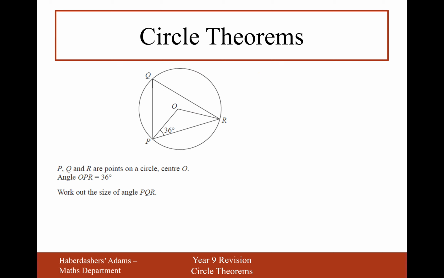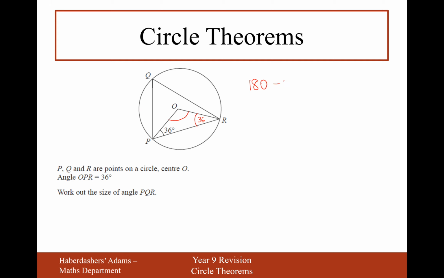Let's move on to the next one. Calculate the size of angle PQR, P to Q to R. Okay, well in this question I can see I've got myself an isosceles triangle, POR. So this angle here must be the same as this angle over here, because they've got equal angles at the bottom. Then I know that my angles inside a triangle will have to add up to 180.